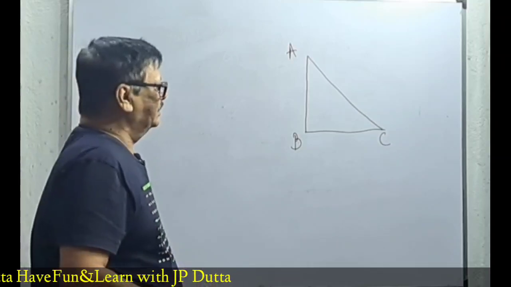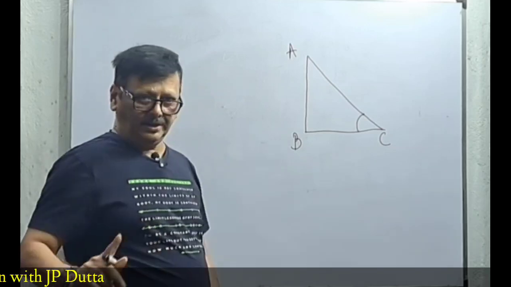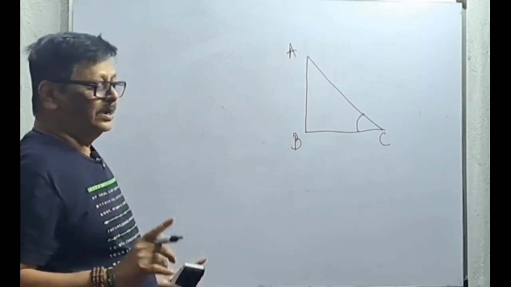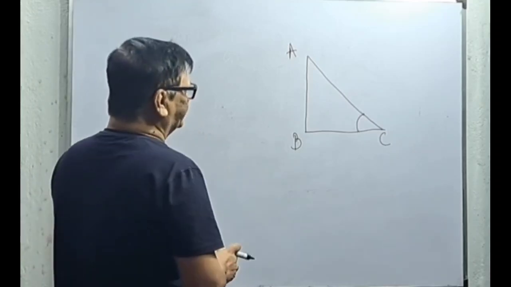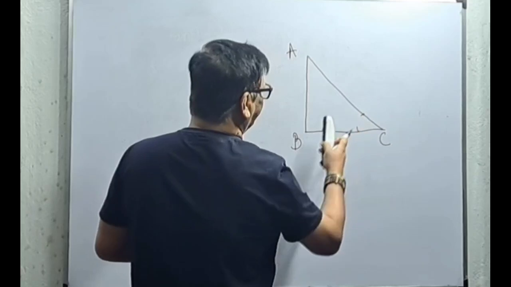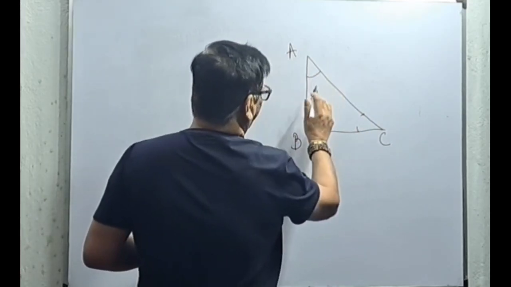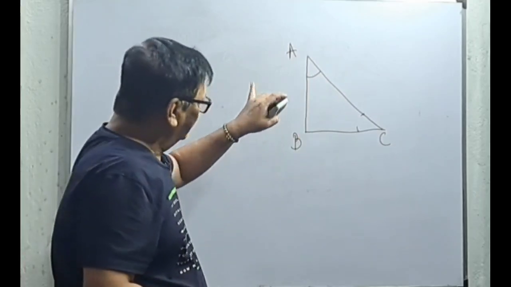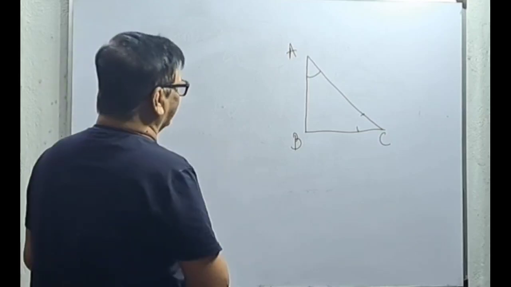Now I said that the other sides are angle dependent, meaning it depends on the angle chosen. Suppose instead of angle C, we choose angle A and keep the same naming as previously.